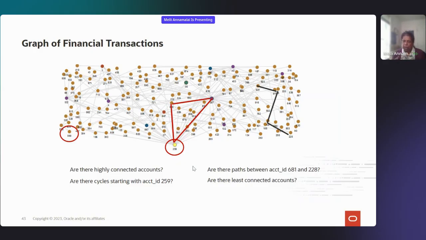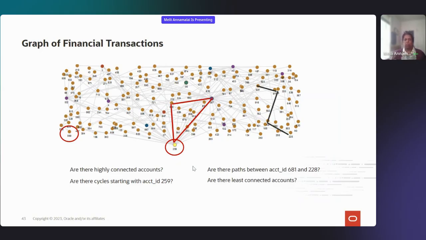But it would be good to really ask these questions of data that is in your database, because almost certainly your financial transactions are sitting in a relational database somewhere. And you want to be able to create a graph from those relational tables without having to move that data anywhere. So by creating a graph model, which is like a view of your data over these tables, you're able to ask graph questions.